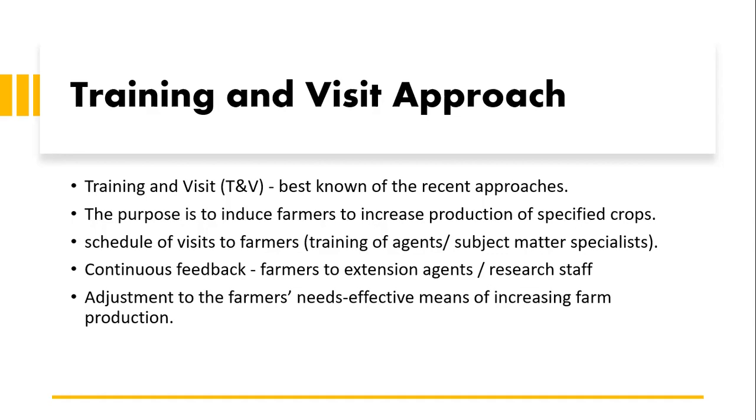This was one of the traditional and continuously practiced approaches, but the coverage is a problem. Imagine one extension officer has to visit around 2,000 farmers. Because of that, the effectiveness of the T and V approach is gradually reducing with the expansion of the number of farmers.